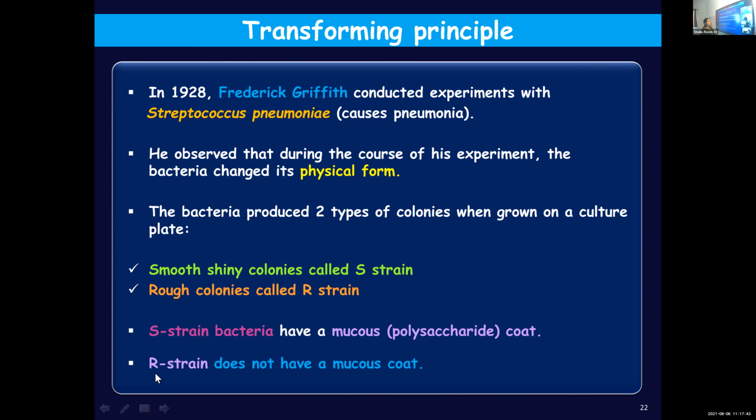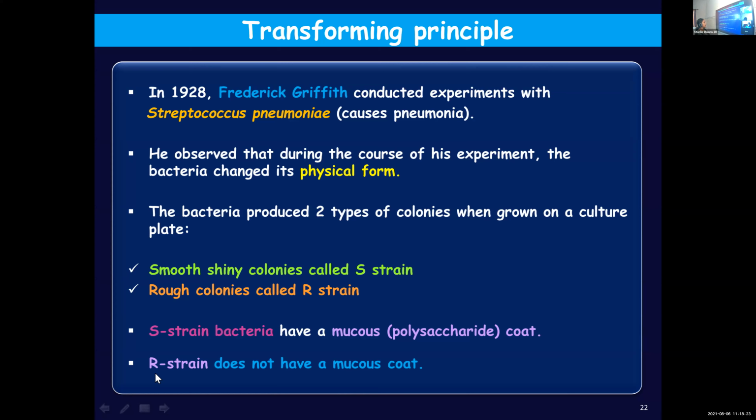Frederick Griffith conducted experiments using the bacterium Streptococcus pneumoniae, which causes pneumonia. As he was observing the culture of bacteria, he could find that in the course of the experiment, these bacteria underwent some change in physical form. He could notice two types of bacterial colonies being formed, one smooth colony, the other rough colony.